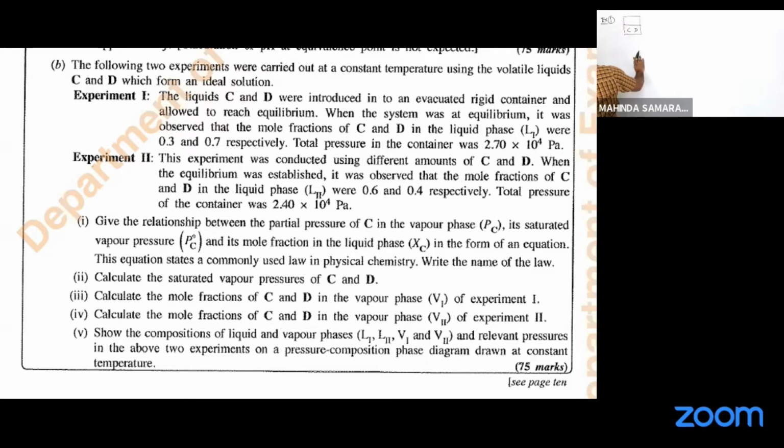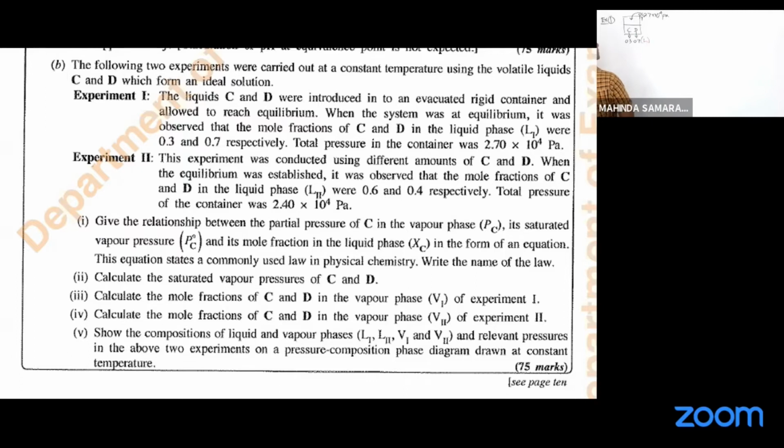The mole fractions of C and D in the liquid phase are given: 0.3 and 0.7. That's the composition L1. Total vapor pressure of this system is given as 2.7 into 10 to the power of 4 Pascal. That's PT, total pressure. Better to identify these with the correct symbols.